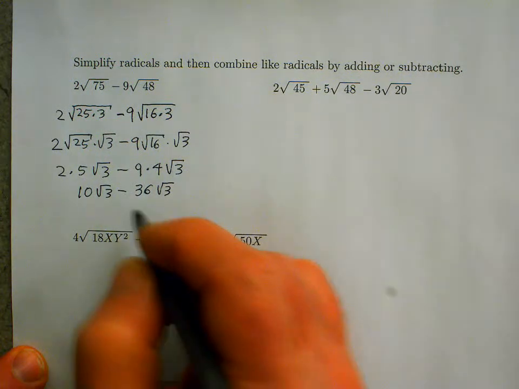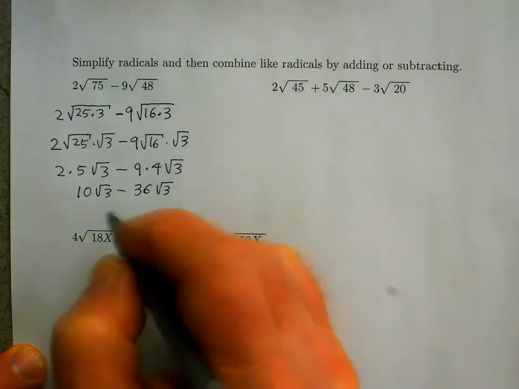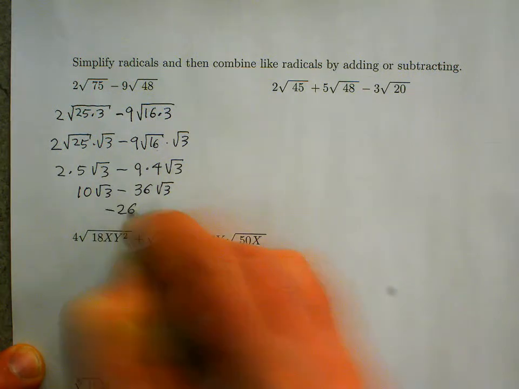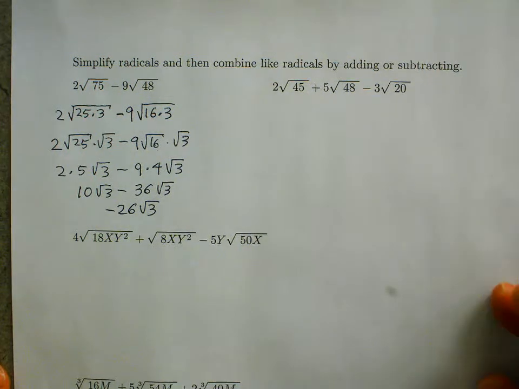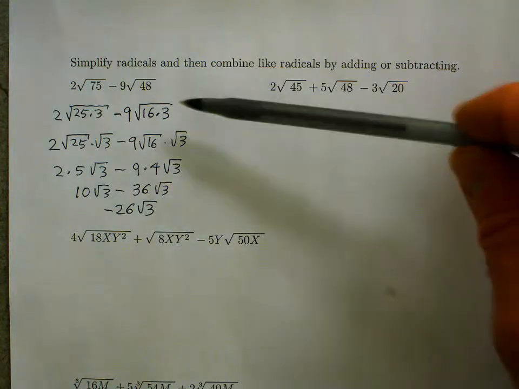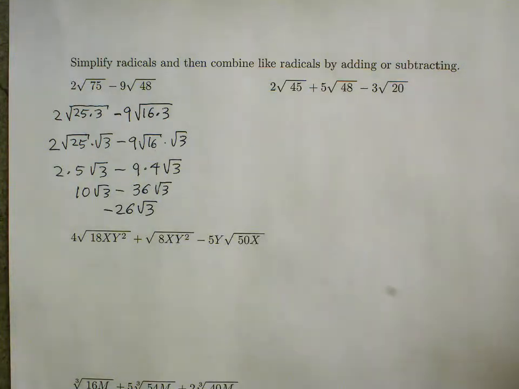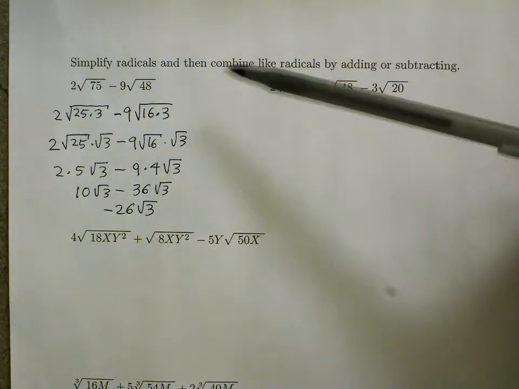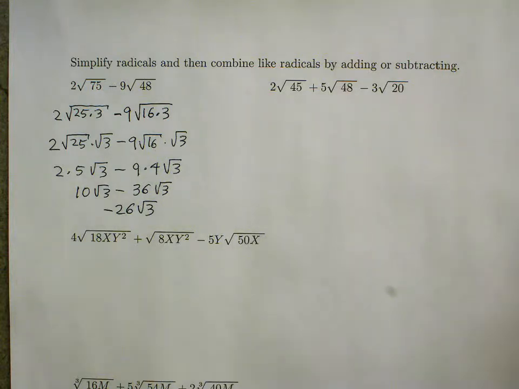So the final result, 10 times the square root of 3 minus 36 times the square root of 3, is negative 26 times the square root of 3. When you're simplifying these, you don't have to put in all of those steps, but if that's what it takes, then go ahead and use as many steps as is necessary.